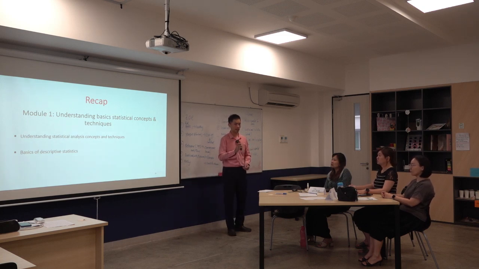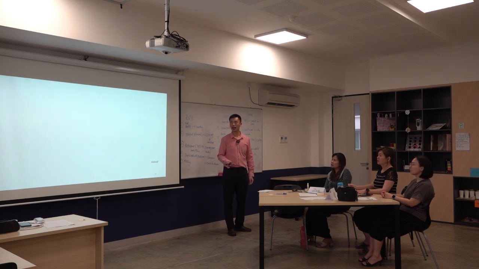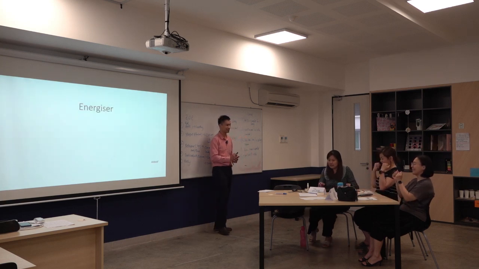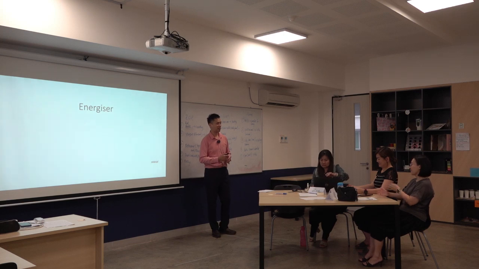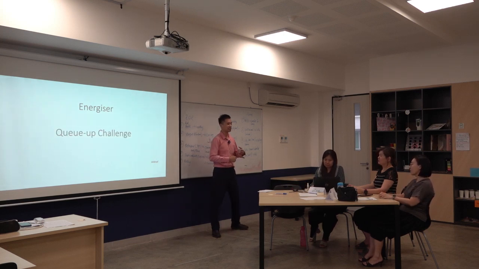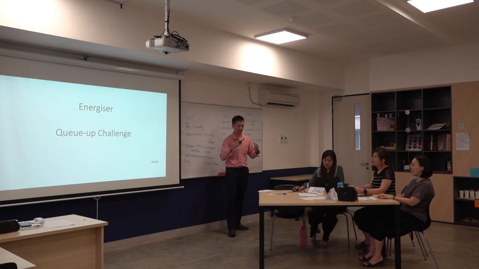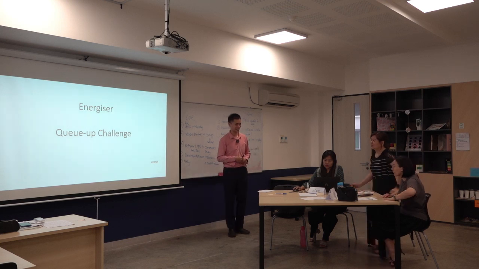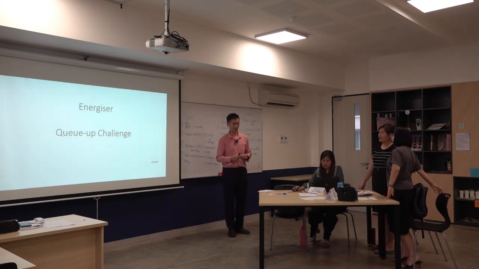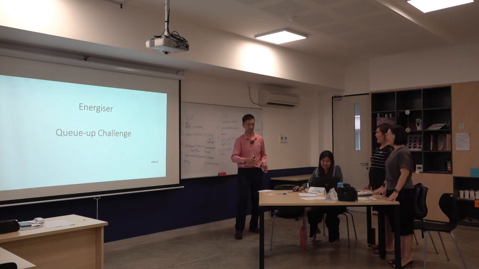Okay, so now we come to the energizer. So what you are going to do is this one, the queue up challenge. What you need to do is you stand up and queue up like in the supermarket.